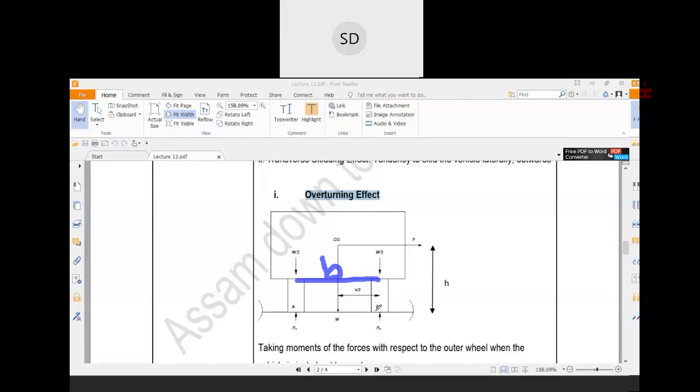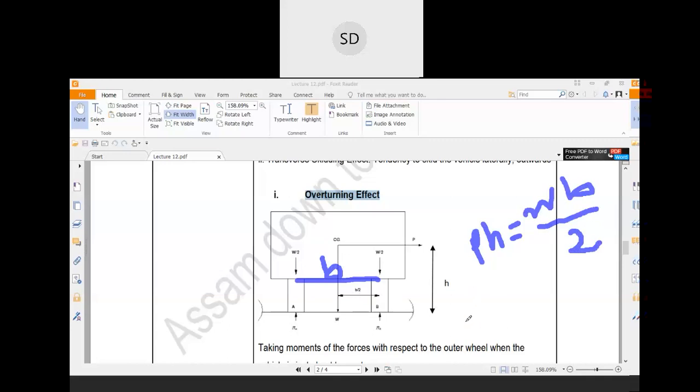Now if we take moment about point B, you can write that P into h equal to W into B by 2, since W is acting at a distance of B by 2.